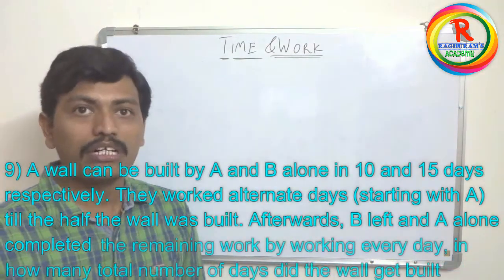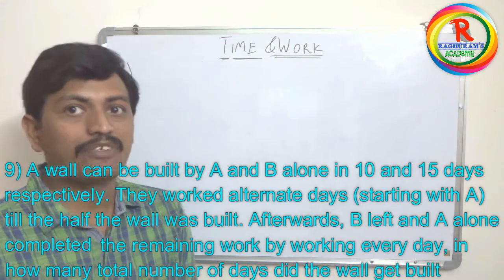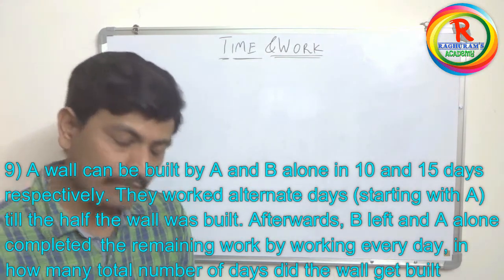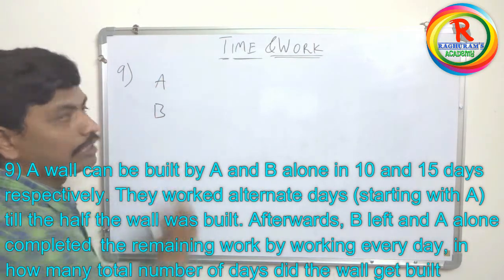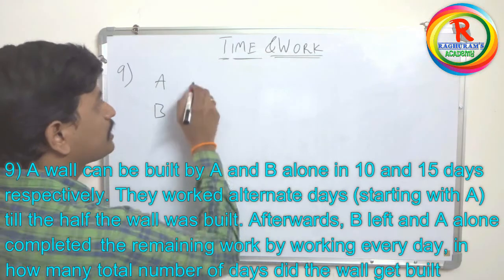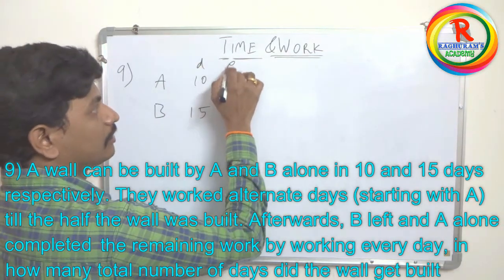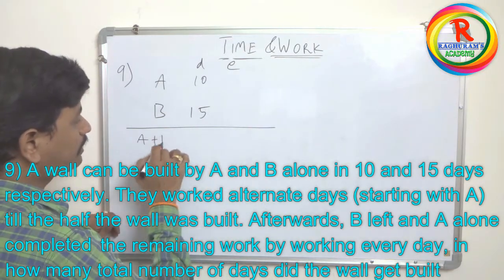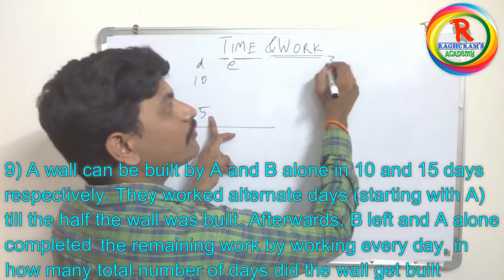Another problem, the 9th one. A wall can be built by A and B alone in 10 days and 15 days respectively. They worked on alternate days starting with A. Similar problem here. A can complete in 10 days, B can complete in 15 days. Whenever the questions are given like this, common thing, 10 days, 15 days, the LCM is 30 units.